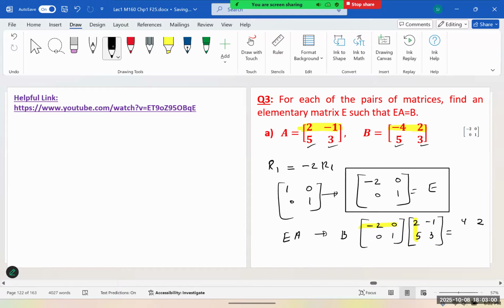Then 0 times 2 is 0, so 5 times 1 is 5, the second row. And then 0 times negative 1 is 0, 1 times 3 is 3. So we get the same thing as B: negative 4, 2, 5, 3. So yep, the elementary matrix we got is correct.